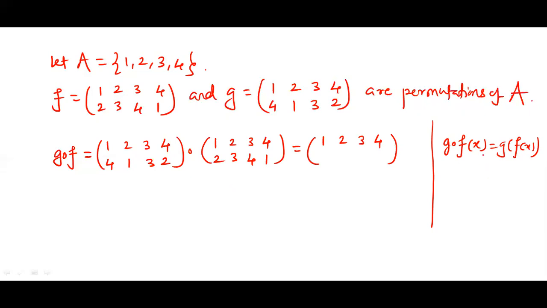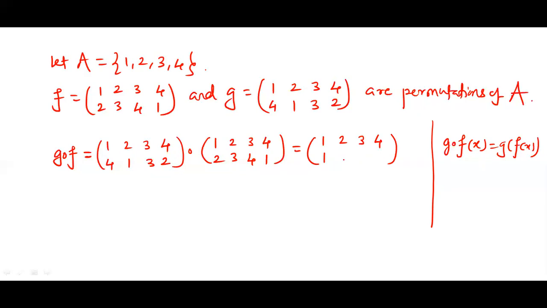Now we want g naught f of 1. G naught f of 1 is equal to g of f of 1. But f of 1 is 2 and g of 2 is 1. Means under function g naught f, 1 maps to 1.